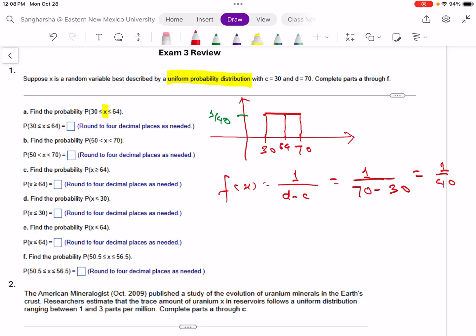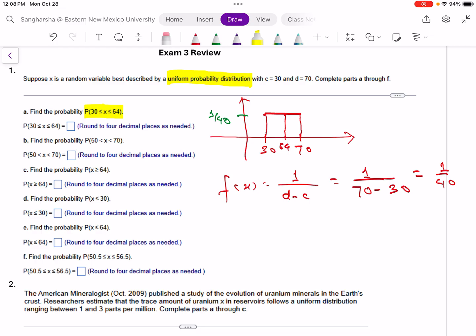Now what does it mean by finding this probability? Whenever we have a continuous probability distribution, finding probability is the same as finding the area under the curve, right?